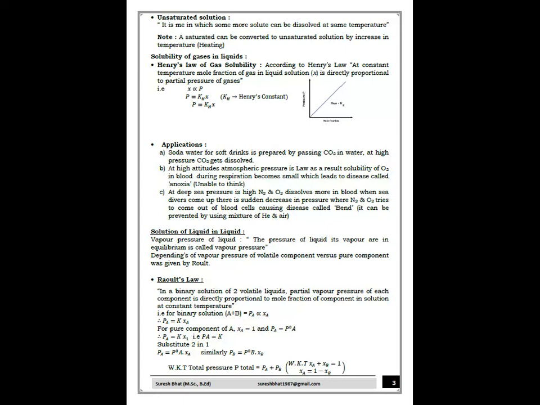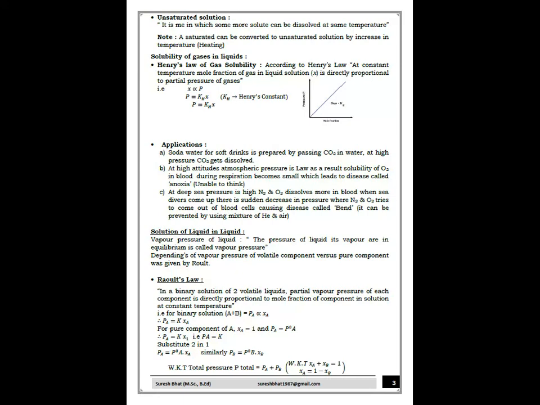Now, which of the soft drinks is tastier? You might observe that the soft drink placed in the refrigerator is tastier when compared to the one placed outside. Why? What is the reason? I think you might know the reason.